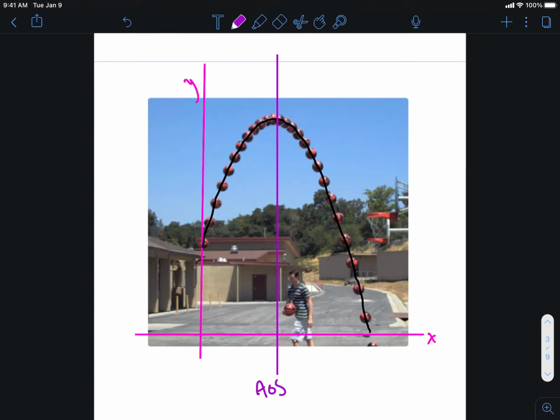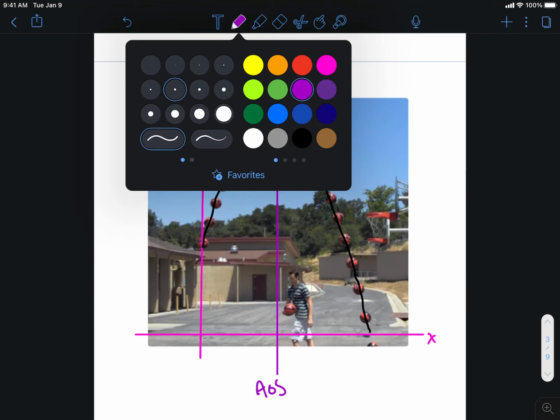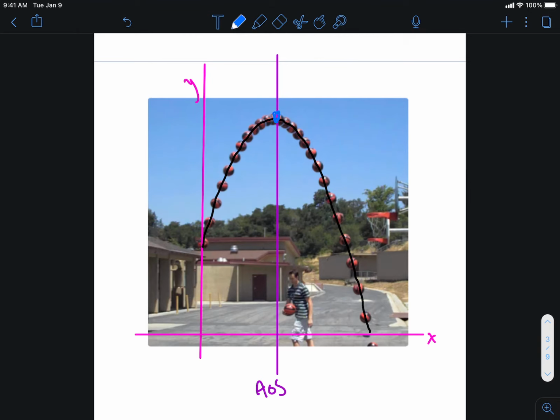All right, well, if I asked you what is the maximum height the ball reached after being shot, you could say, okay, well, I know where the maximum height is. It's right here, which we called a vertex. All right, well, that tells me the maximum height.